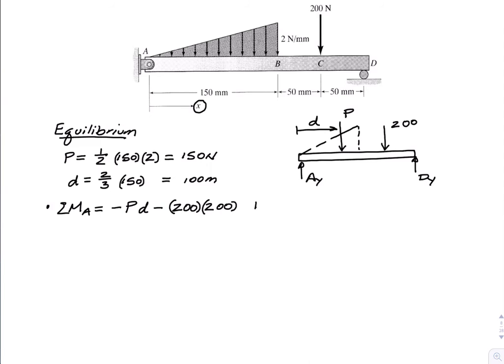And then the reaction force at D, that's Dy, that has a total moment arm of 250. It's a plus sign because that moment is in the positive k. For equilibrium, that sum is 0. So from there, we see that the reaction force at the right side, the roller, is 220 Newtons.